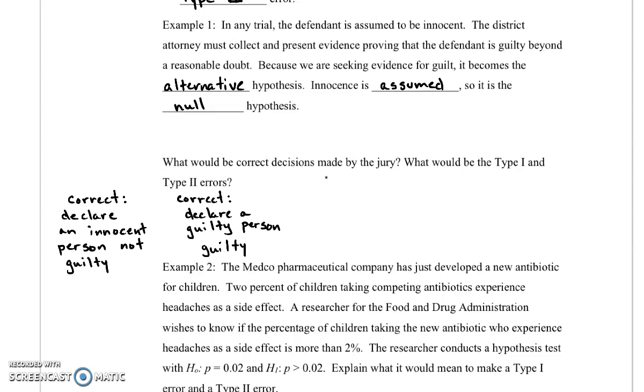A type 1 error, which is where we reject the null hypothesis, but it's true, would be to declare an innocent person, that's what we assume, is that they're innocent, but we declare them guilty.